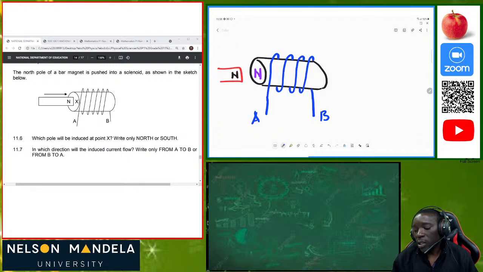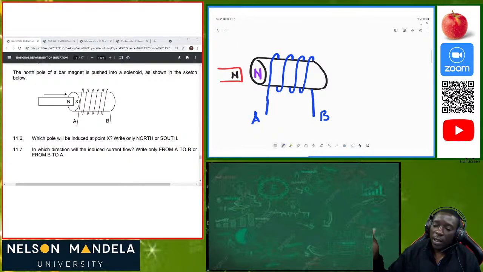So if that is a north created, if we use the right-hand grip rule or right-hand screw rule, where current flowing in a conductor has got a field around it, then for a field that has a component towards the left inside the core of this solenoid, right?